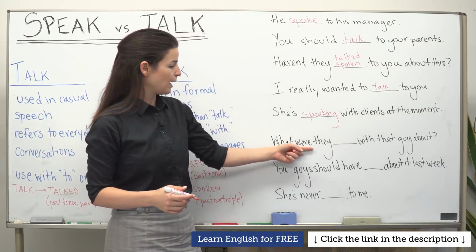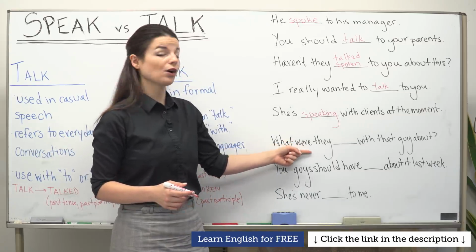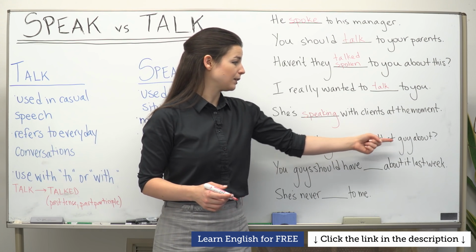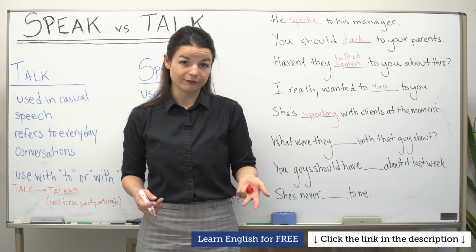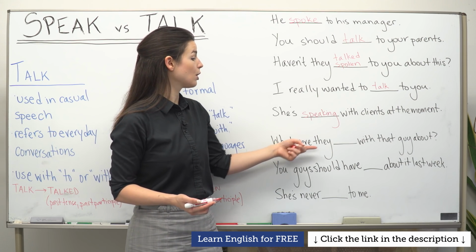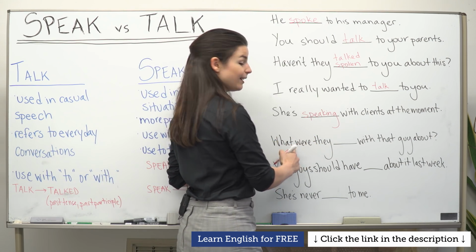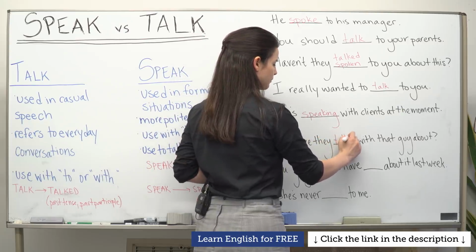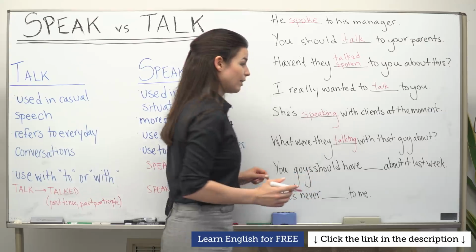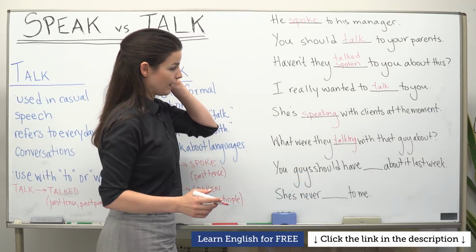Here we see it's past. What were they, something, something, with that guy about? But we know this should be a past progressive tense sentence too. What were they? This indicates something continuing. What were they talking with that guy about? What were they talking with that guy about?